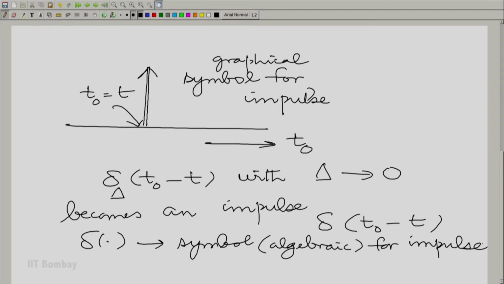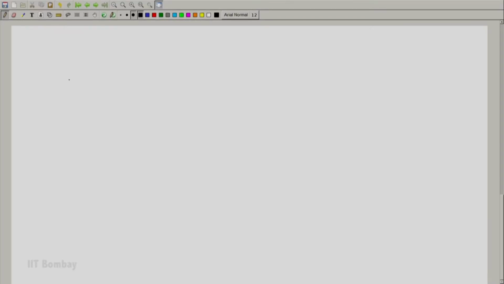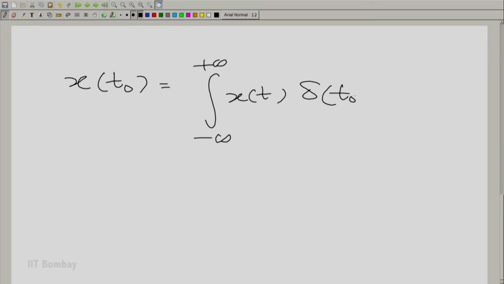for an impulse. Now, let us interpret that property that we had, namely that when you put many impulses together properly weighted, you get back the original function. Let us write that property down. So, what we mean there is x at t0 is the integral over all t of x of t delta t0 minus t.